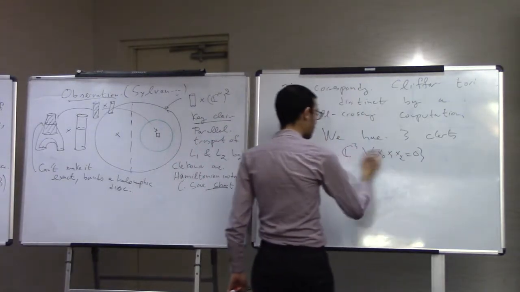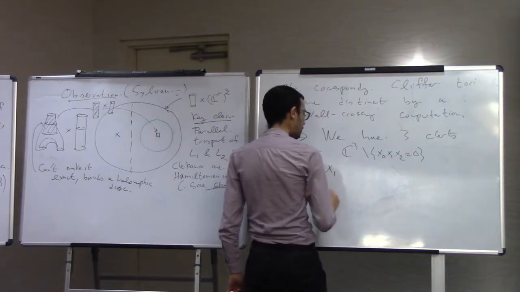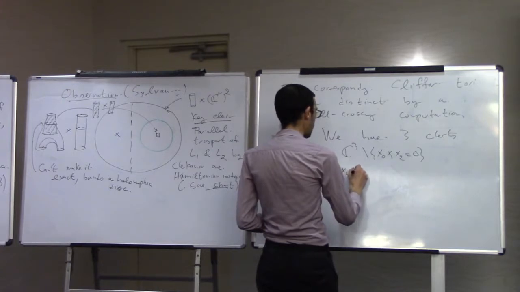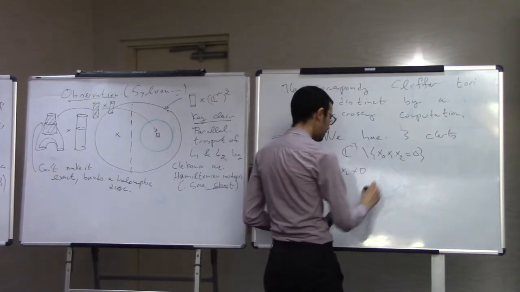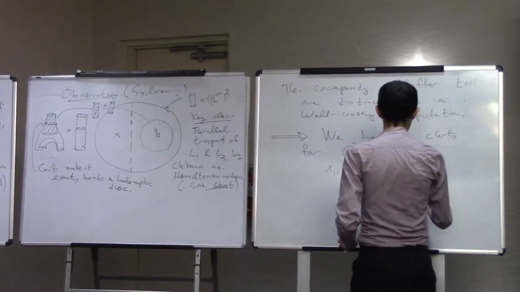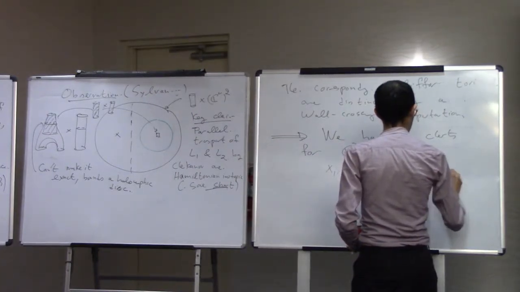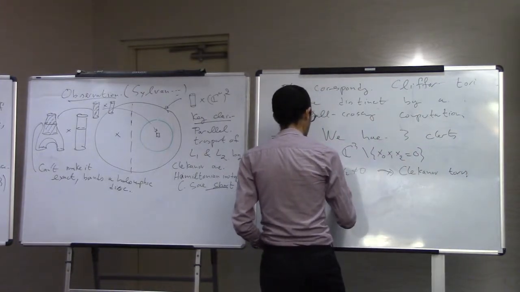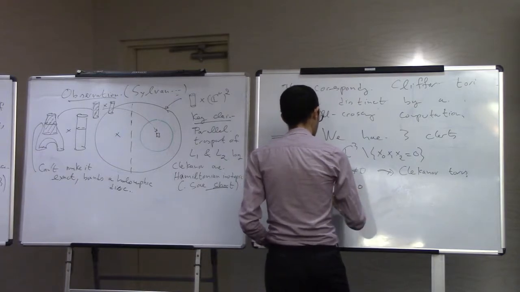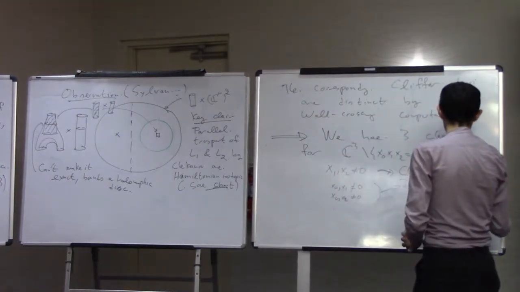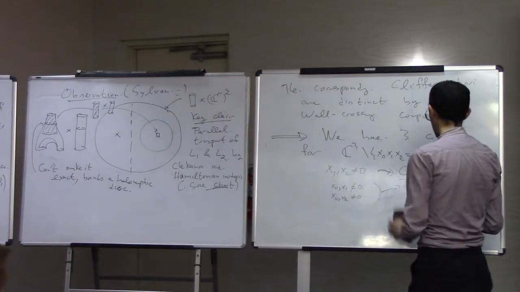These are 3 charts, and these are given by x1 and x2 not equal to 0, and this is this kind of Chekanov side. And then the other ones are the 2, 3 tori obtained on the Clifford side.